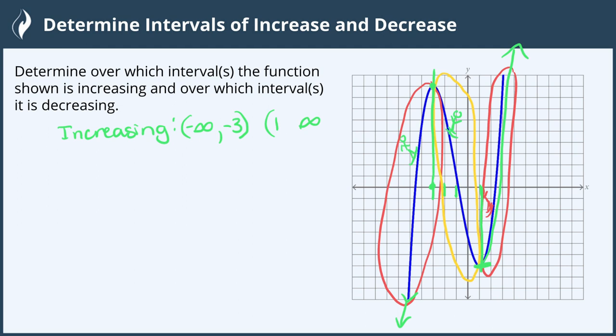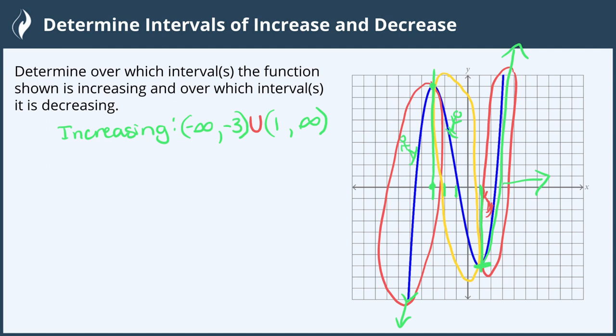So it's going to continue increasing as the x values go to the right. And since we can't include infinity, again, we'll use a parenthesis. And so we have from negative infinity to negative 3, and then from 1 to infinity. And to include both of these intervals, we put a union between them.